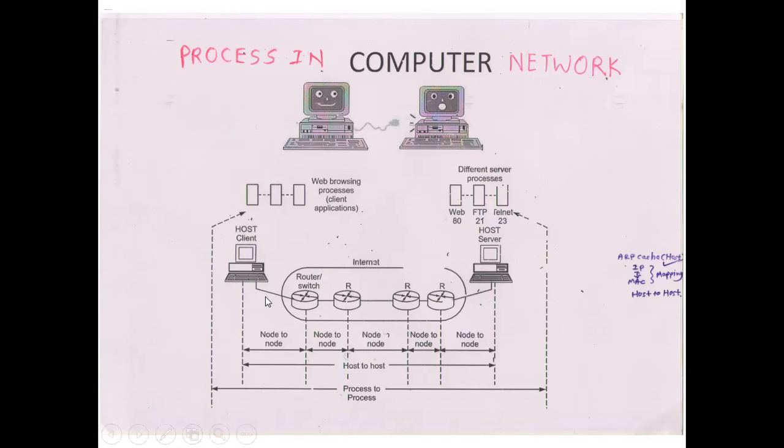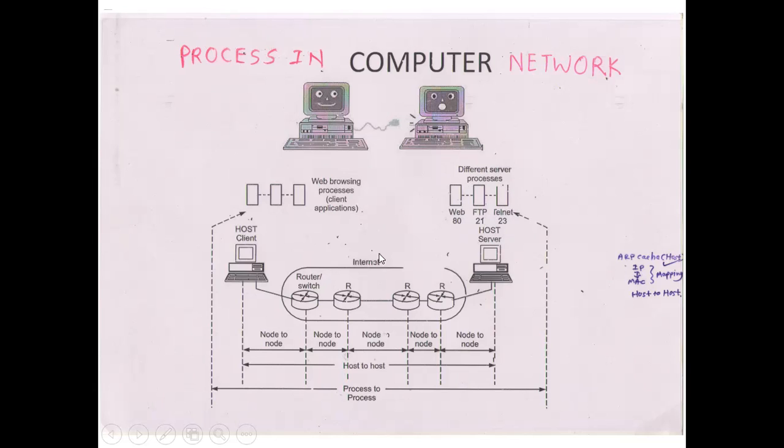Whenever you are talking about PC to PC communication, or host to host communication, then you require an IP address. But let us say on one host, different servers are running which use different port addresses, port 80, port 21, and port 23. These types of applications are known as processes: web processing, FTP processing, telnet processing.